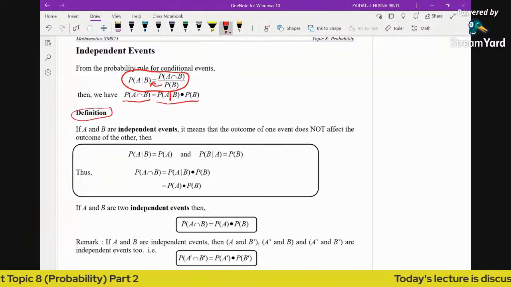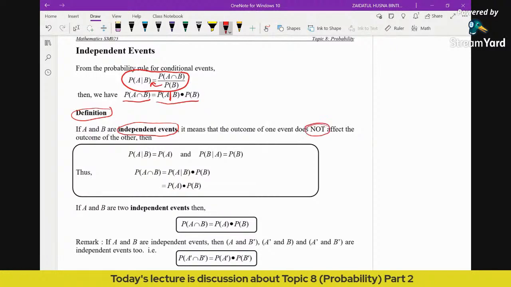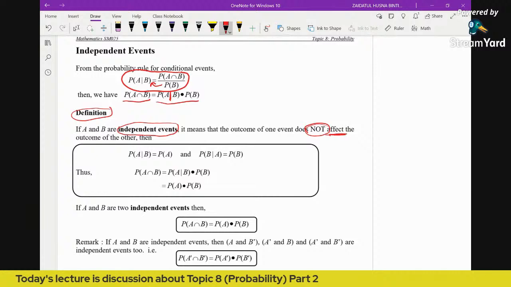Definition. Please listen carefully. If A and B are independent events, it means that the outcome of one event does not affect the outcome of the other.